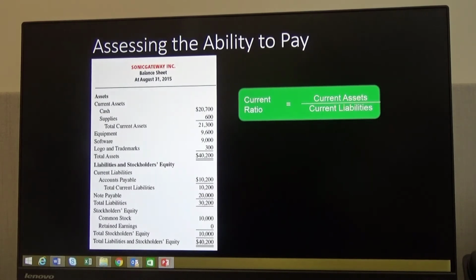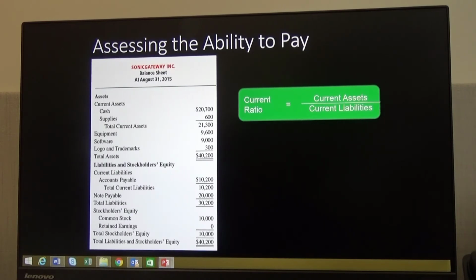We have a measurement that we call the current ratio, where we take the current assets, in other words, those assets that are likely to be turned into cash or used up within a 1-year time frame, and we divide those by the amounts, the current liabilities that have to be paid within the next year.